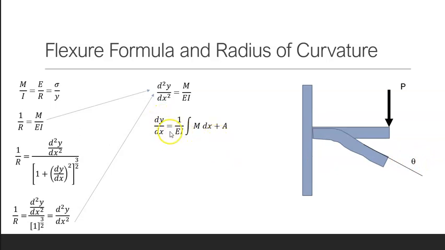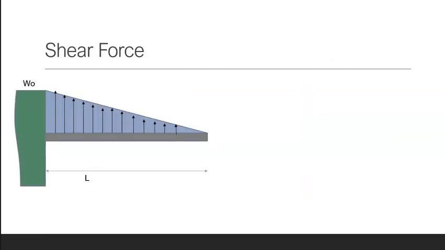If I then integrate that a second time, I will get the deflection y. So to get the deflection, we need to work out what the bending moment is and then do a double integration.